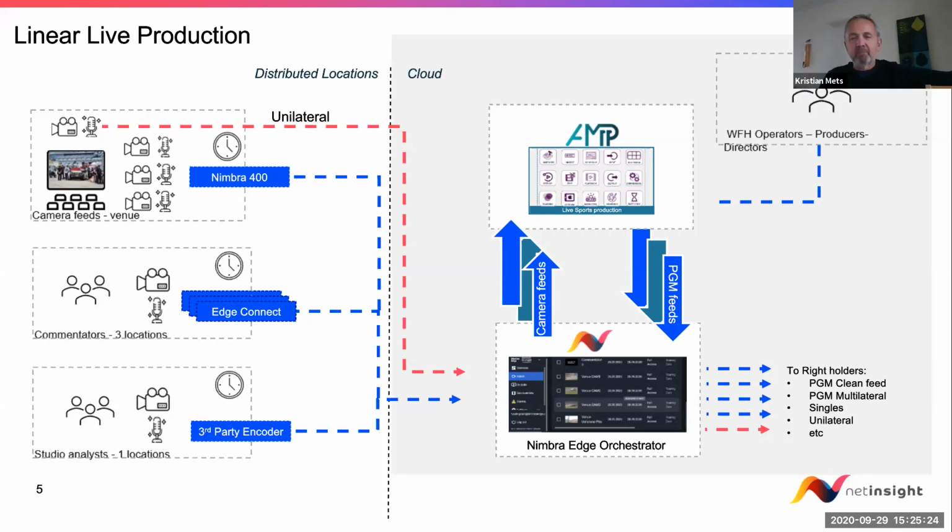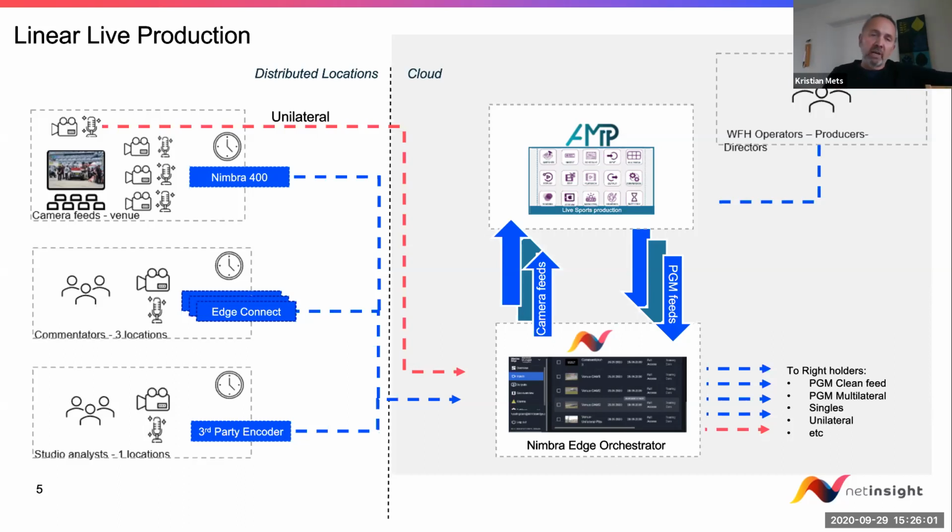Yes. The interesting thing is that the Nimbra Edge system doesn't only take care of the inputs. In the same system, we can at the same time take care of the distribution of the multilaterals, the clean feeds, whatever feeds the producer and the owner of this event wants to distribute to the rights owners. These can be selectable and manageable by the rights holders themselves, so that they can decide which ones they want to take.